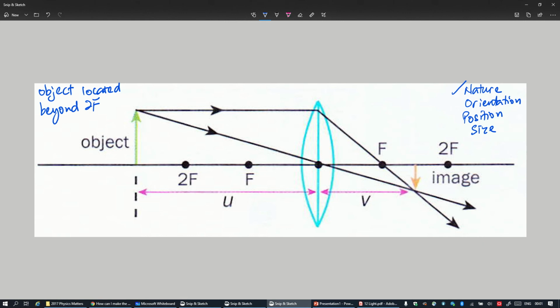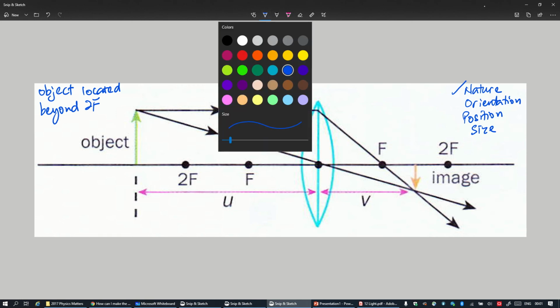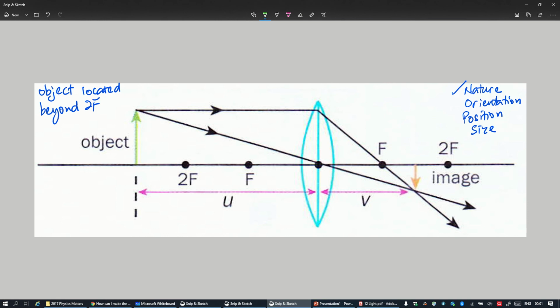How about the orientation of the image? In order to understand the orientation of the image, you first have to look at the object. And I think some of you must be wondering why, when we draw the object, you must indicate the arrow. Why must we indicate the arrow there?